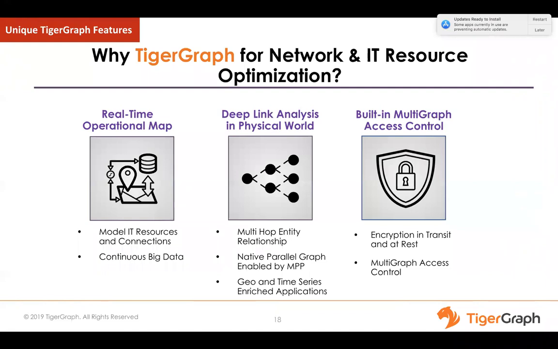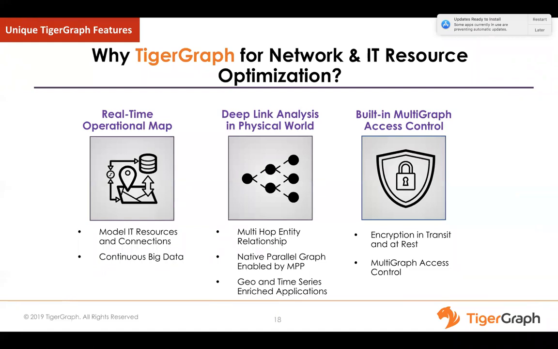You can imagine that you're collecting a lot of data continuously in this IT infrastructure. The depth of the traversal for the entity relationships is enabled by TigerGraph's MPP architecture, and TigerGraph is a native parallel graph database.